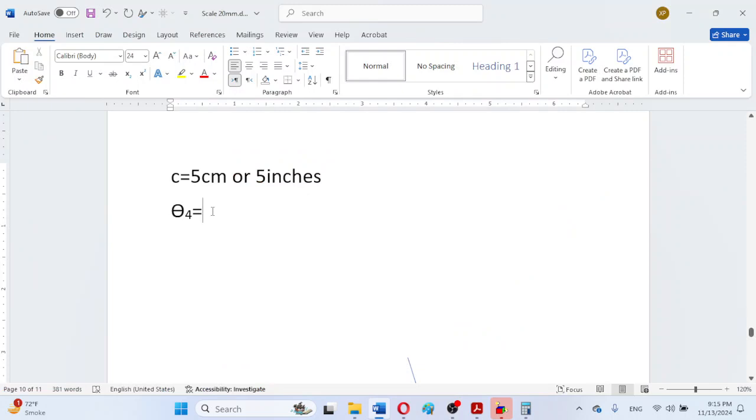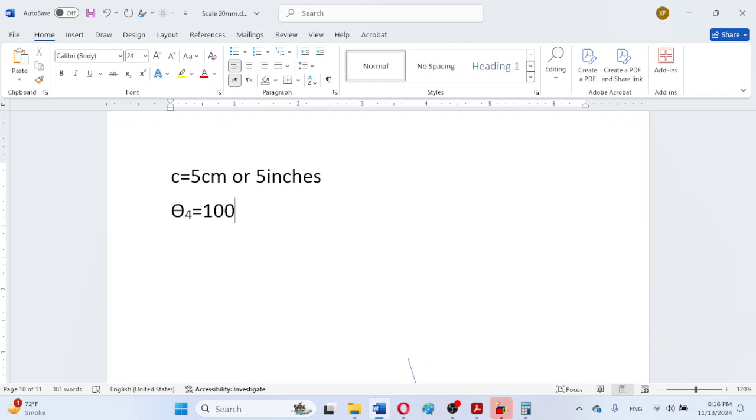This theta 4 can be assumed any suitable value less than 180 degrees, remember. So usually up to 120 or 130 degrees maximum preferably. So I can for example assume 100 degrees is the total throw.